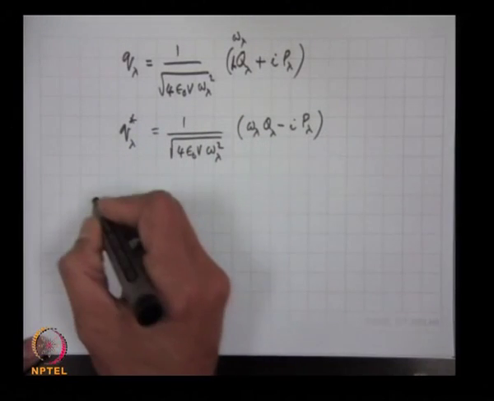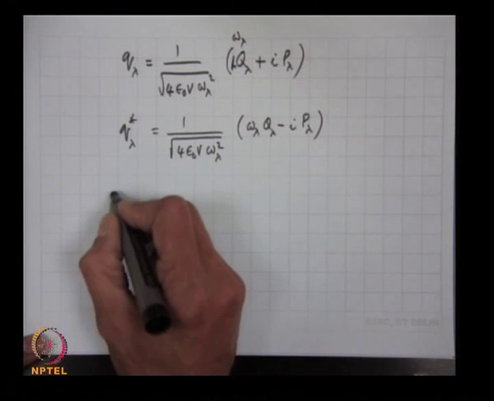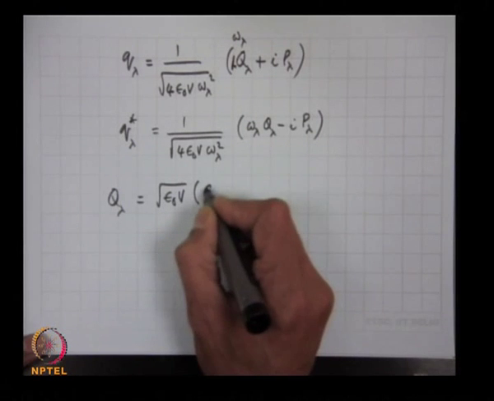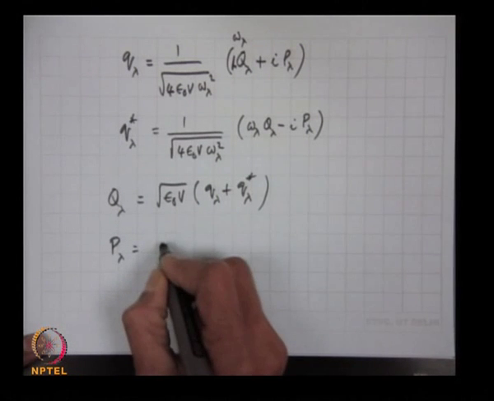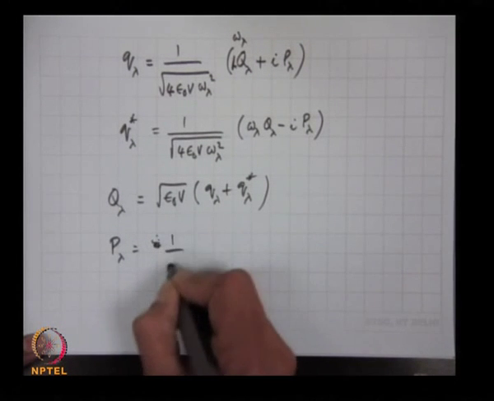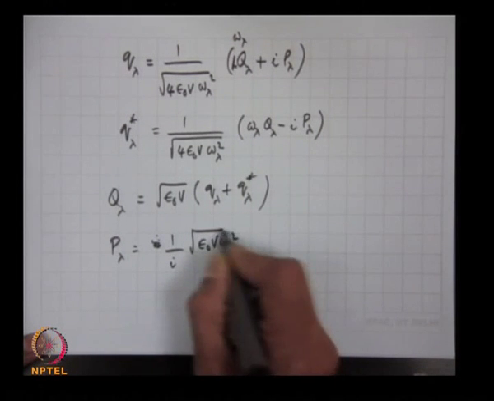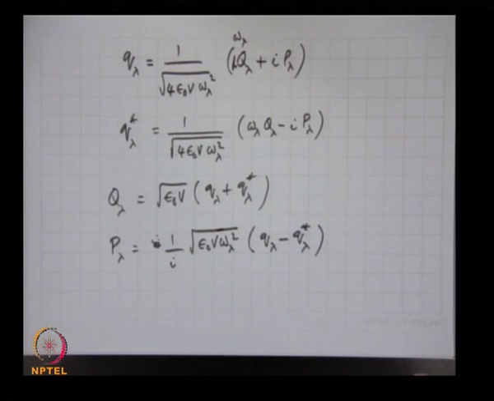So if I now multiply these two, actually I can invert these two equations and calculate q lambda is equal to square root of epsilon 0 V into Q lambda plus Q lambda star, and p lambda is equal to 1 by i times square root of epsilon 0 V omega lambda squared into Q lambda minus Q lambda star. Just inverting these equations, I can get the small q lambda and small p lambda in terms of Q lambda and Q lambda star.